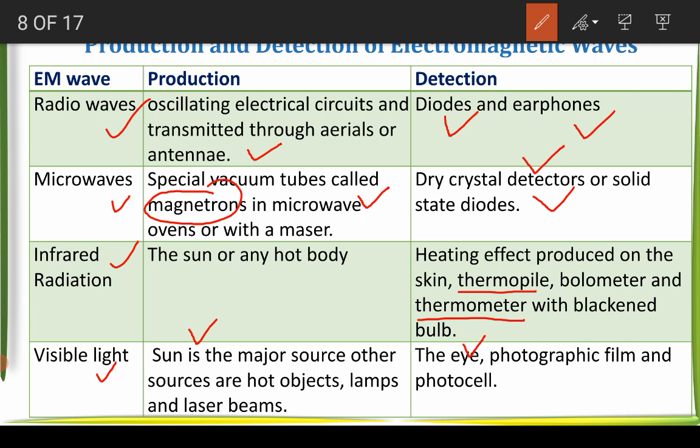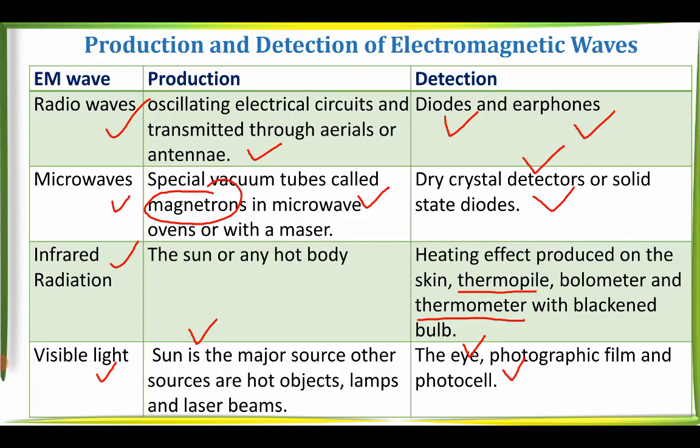But also photocells, which are used for making solar panels, react with light and can detect light through a process known as the photoelectric effect. Please, for the good of your exams, you need to know the type of radiation, how it's produced, and how it can be detected.